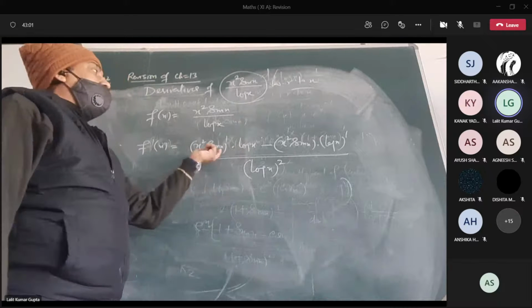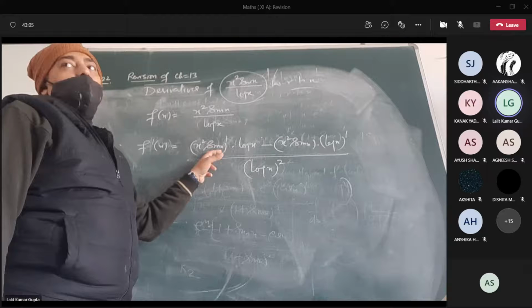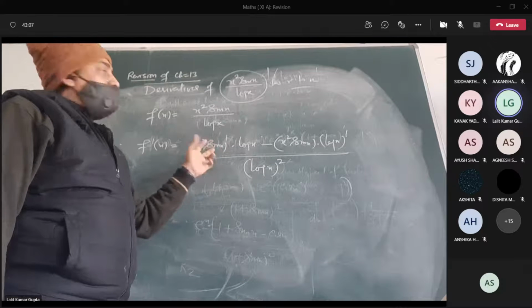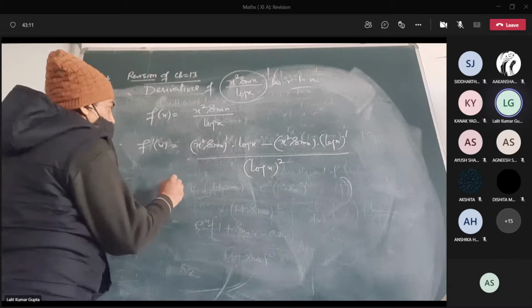When we have to find the derivative of this, it is not directly differentiable. We have to apply a rule because two functions are in multiplication form, so we will use the product rule.